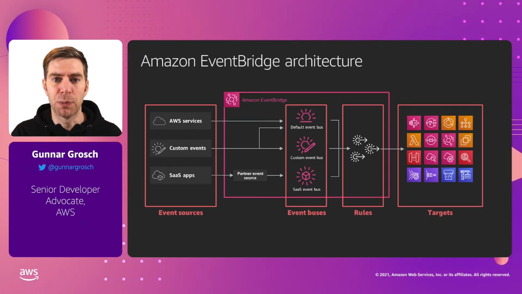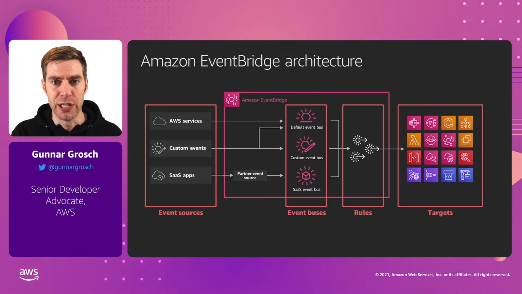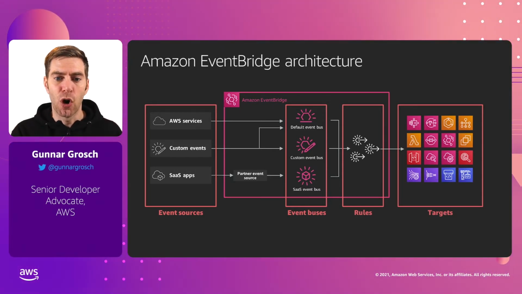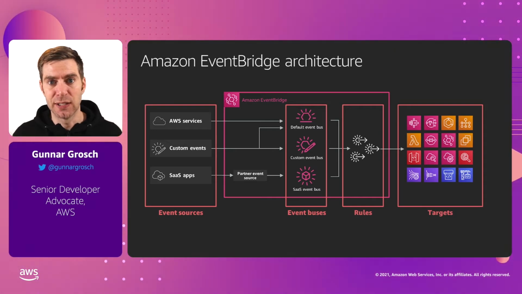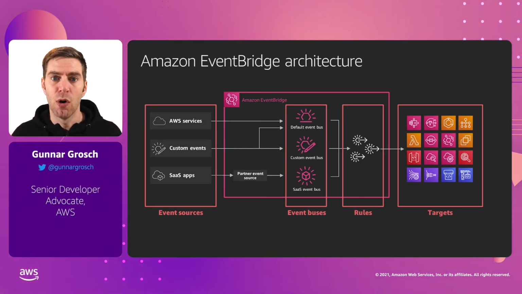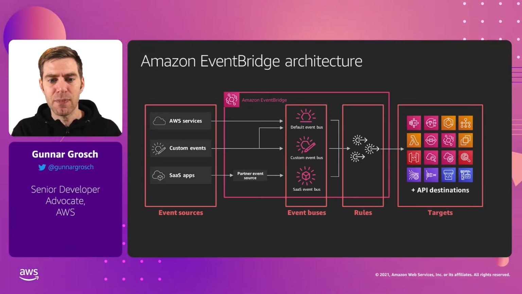And you can define up to 5 targets for each rule. And a target can then be, for instance, Amazon EC2 instances, AWS Lambda functions, an SQS queue, or any type of service or endpoint.